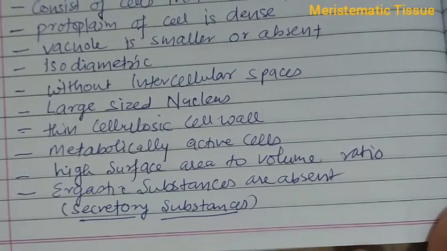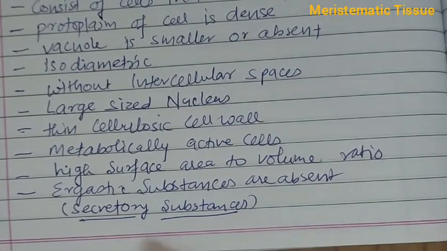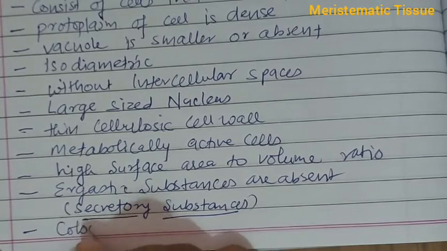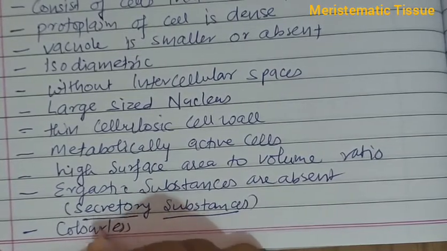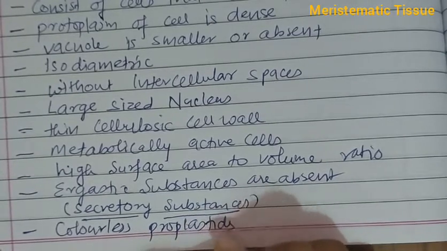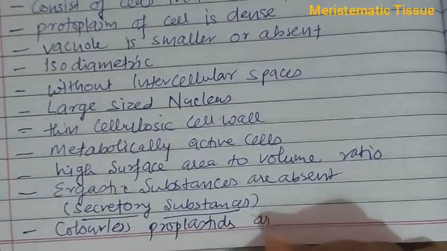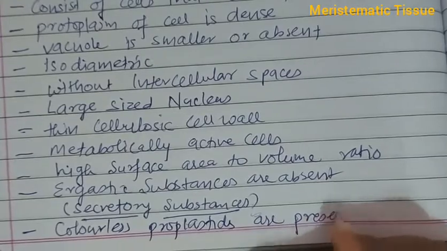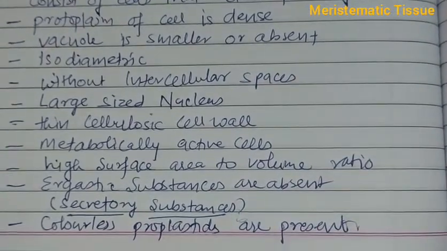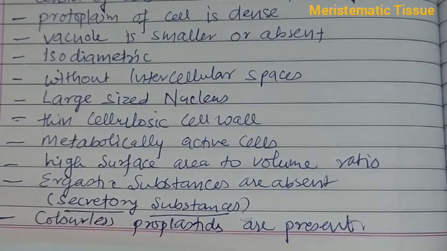Because of this, we can say that ergastic substances are absent in meristematic tissue. And the last, colorless proplastids are present in their cells, which are going to form plastids.